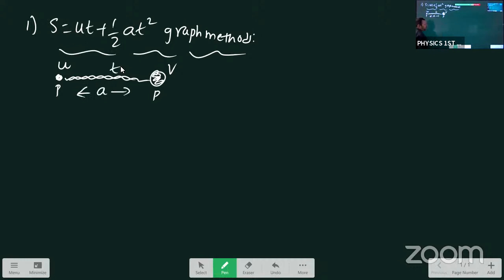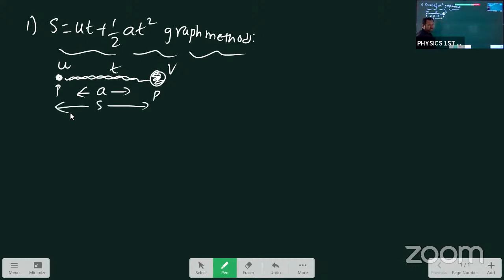What is the required time? T. So a particle moves initially with U velocity, finally reaches V velocity, with acceleration A in time small t. What is the displacement between the two points?